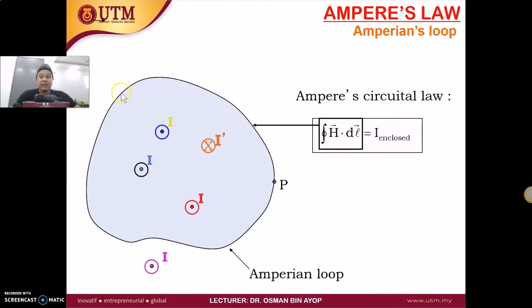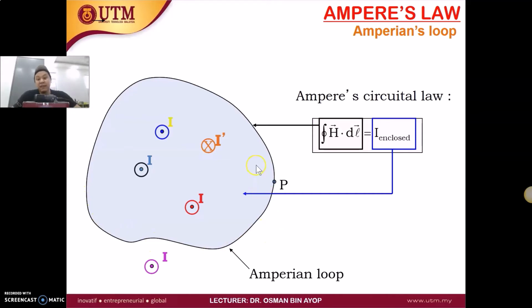So this is our dl, the Amperian loop. You can see here that H is parallel with our dl because this is a dot product, so that means our H is in the same direction as our dl. And I enclosed is what? The current source enclosed by the Amperian loop.